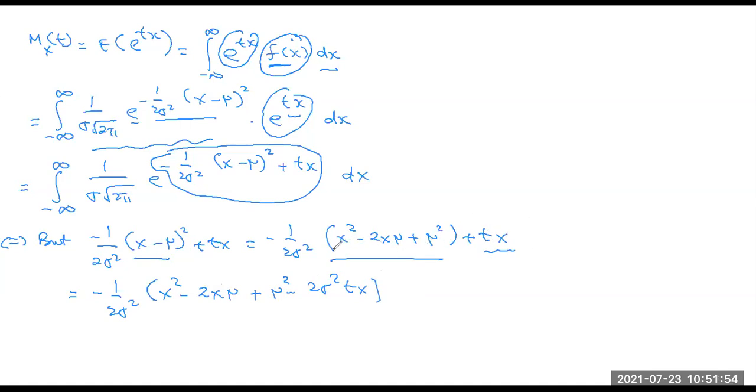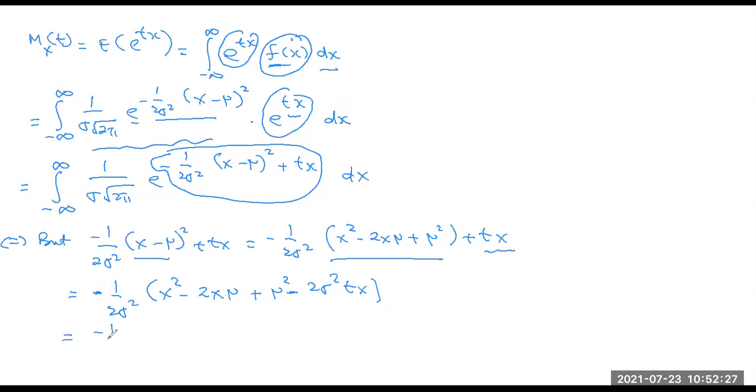You see the terms inside the brackets have a common denominator of 2 sigma squared. When you cross multiply, you have 2 sigma squared tx, divided by the same denominator. So the 2 sigma squared and 2 sigma squared cancel, and we remain with what we have here, because this is a minus times a minus, which is a plus when you take it outside the bracket. So there is no change in the value.